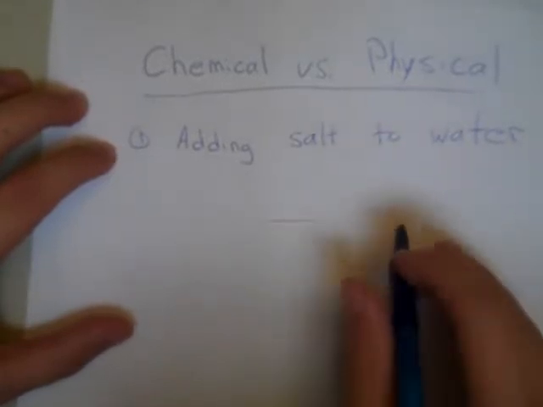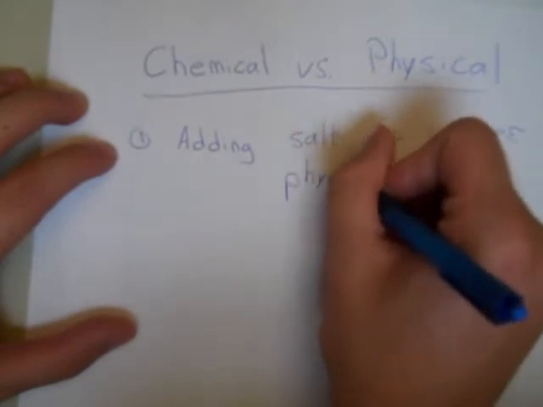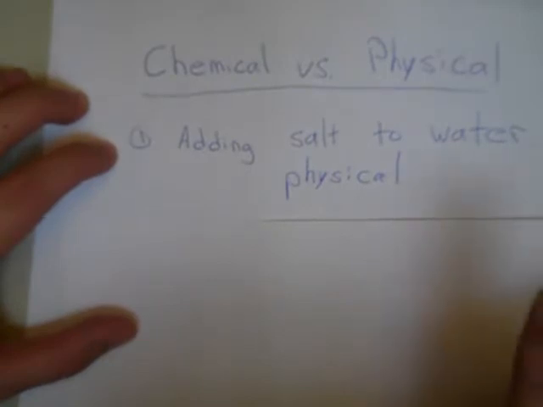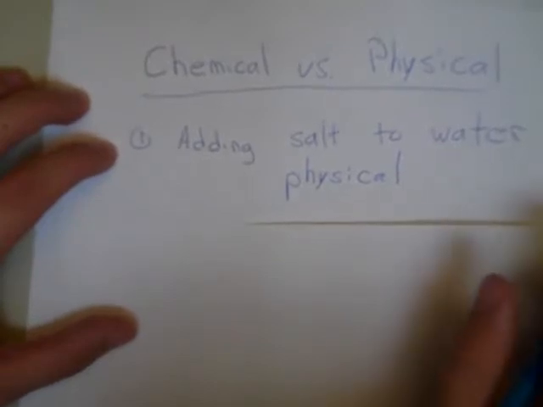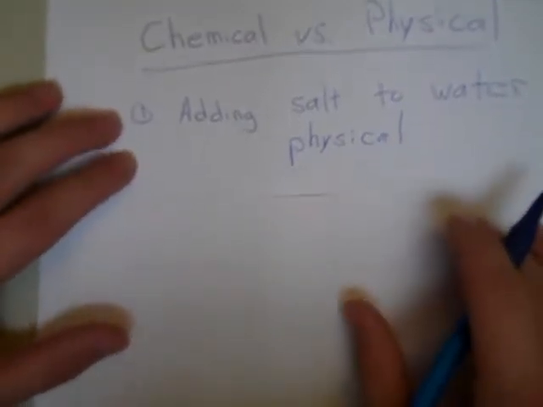And this is actually going to be a physical change, because once you add salt to water and mix it around, even though it looks like the salt's no longer in there, the salt particles are still in the water, and you can actually still get them out if you evaporate off the water. So you can get the salt back, which makes it a physical change.